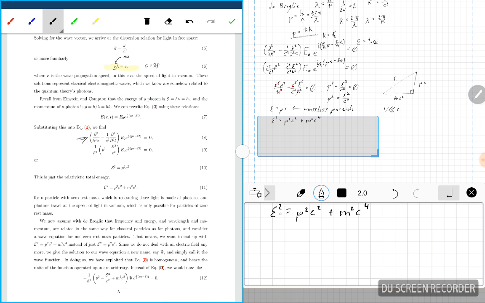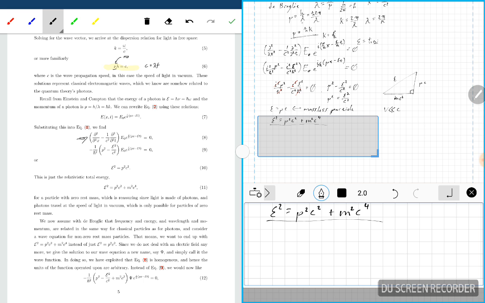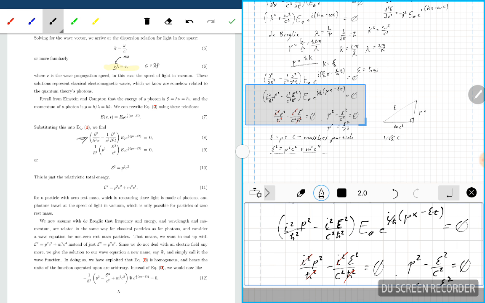But now we're going to assume that this is the more exact solution, and then we're going to plug it back in to this form here.